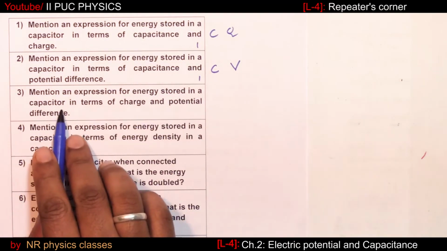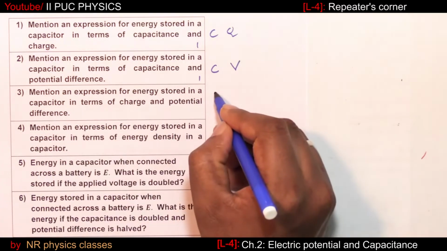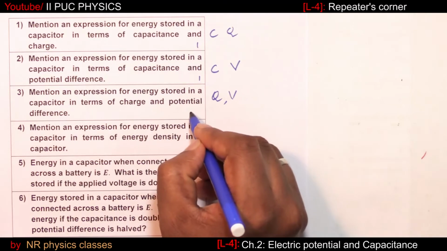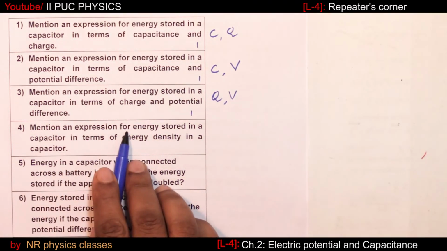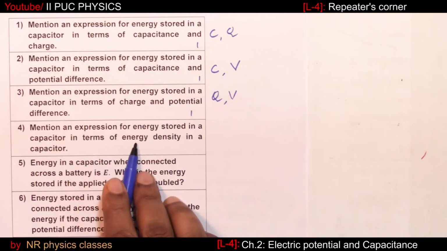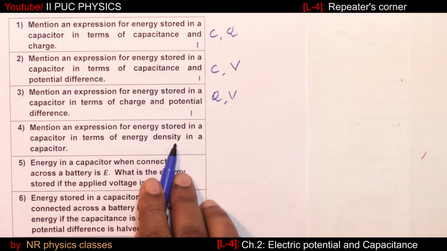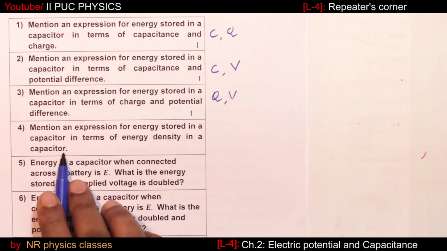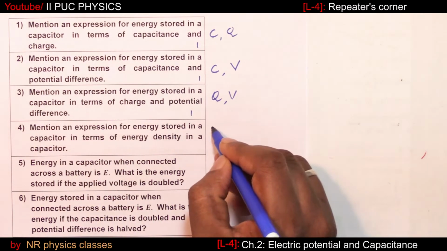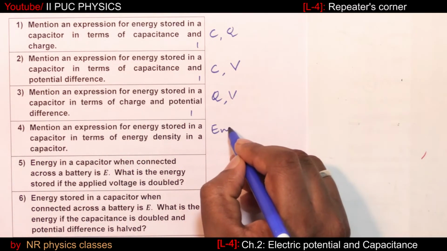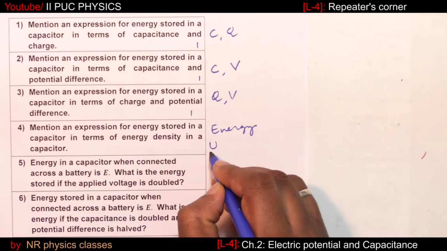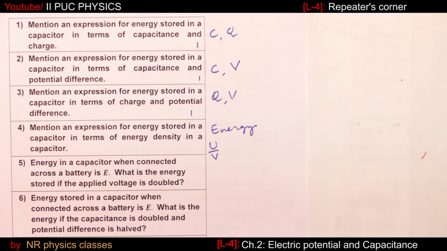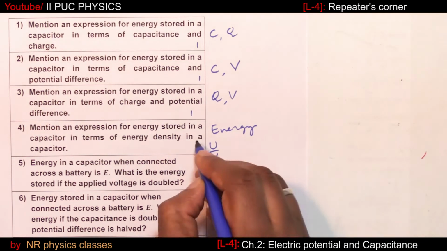Expression for energy in terms of charge and potential difference, again for 1 mark. Mention an expression for energy stored in a capacitor in terms of energy density. Energy density is energy by volume. 1 mark.